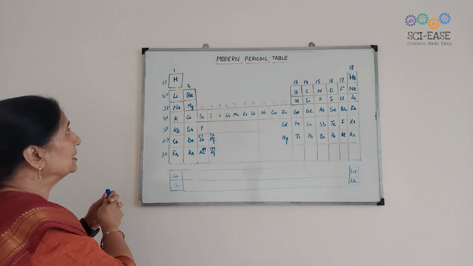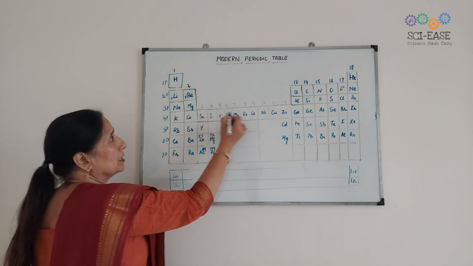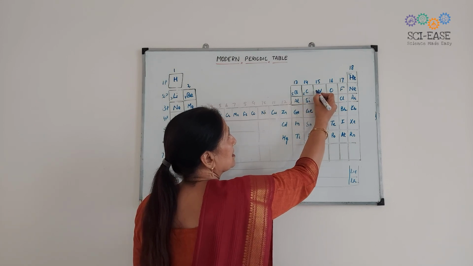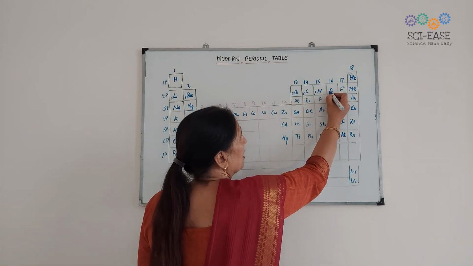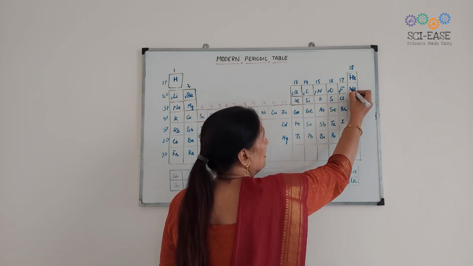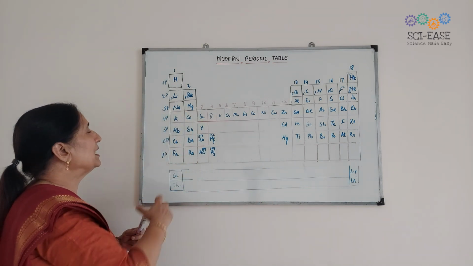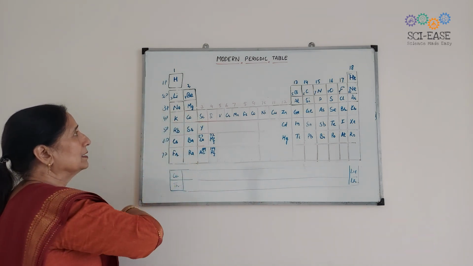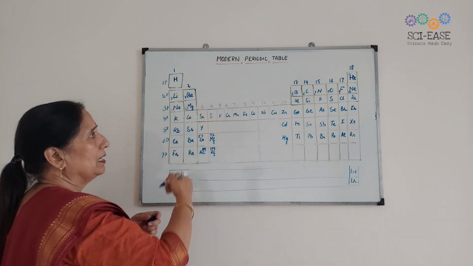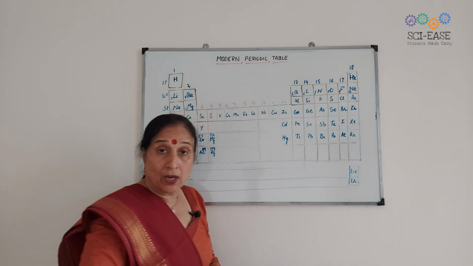Lithium atomic number 3, beryllium 4, boron 5, carbon 6, nitrogen 7, oxygen 8, fluorine 9 and neon 10. Then the next element will be sodium, that is atomic number 11, magnesium 12 and so on, 13, 14, 15, 16, 17, 18. Okay.